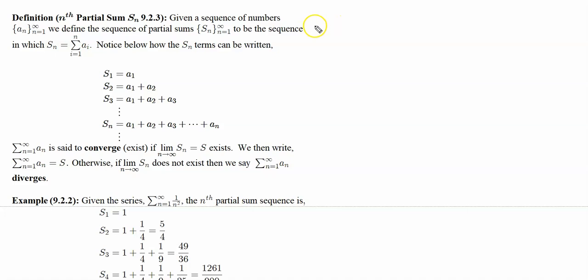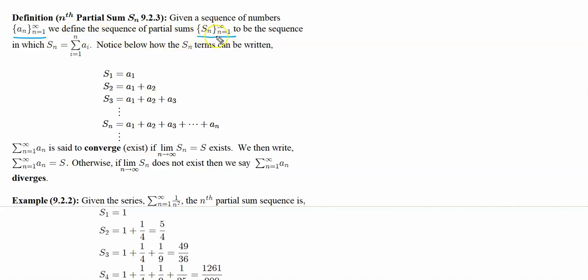Now here's a definition that's going to precisely define what we mean by convergence or divergence for a series. This is going to define what we mean by the nth partial sum, S sub n, of a series. So if we're given a sequence of numbers, a sub n, then we define the sequence of partial sums, S sub n.